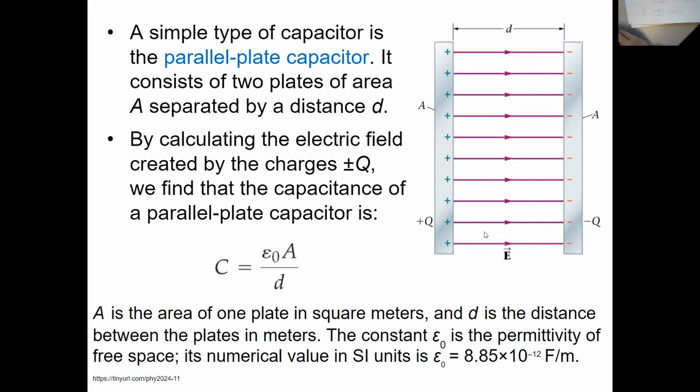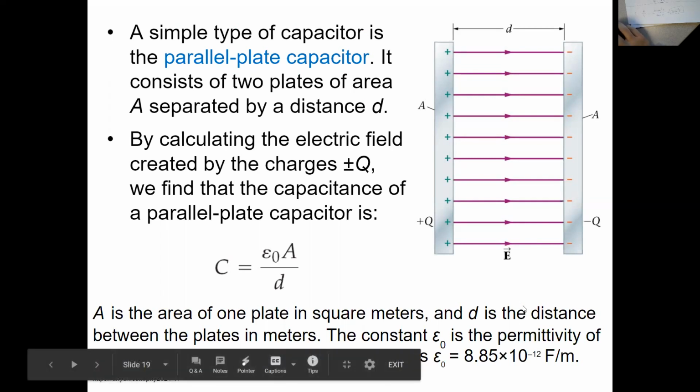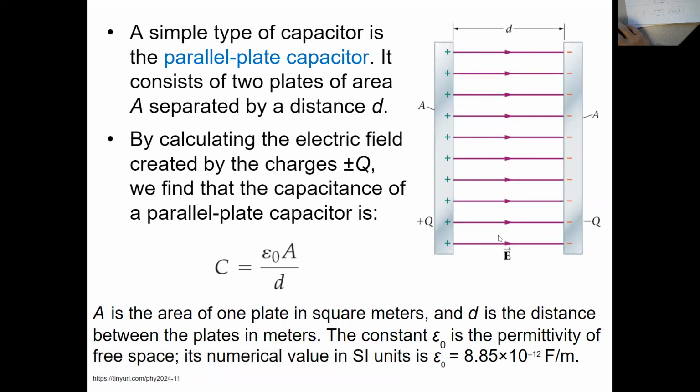According to the experimental result, you can actually measure this. So C for a parallel plate capacitor is equal to epsilon naught. This is a constant number, which is called the permittivity of vacuum, or free space, if there's nothing in between. That's equal to 8.85 times 10 to the negative 12 farad per meter.